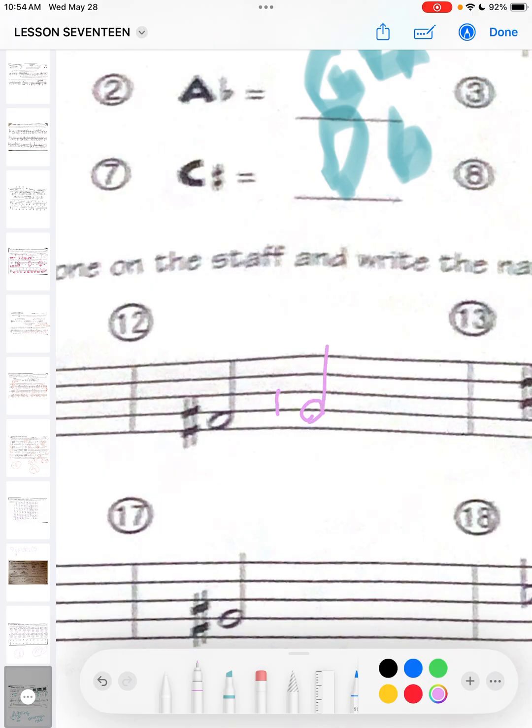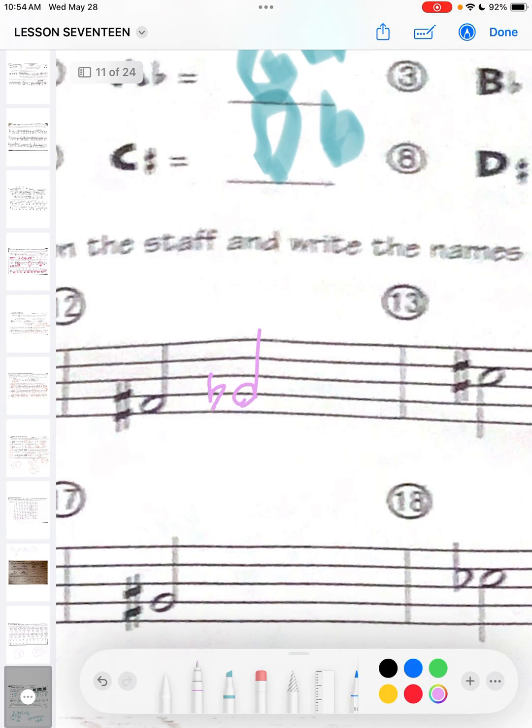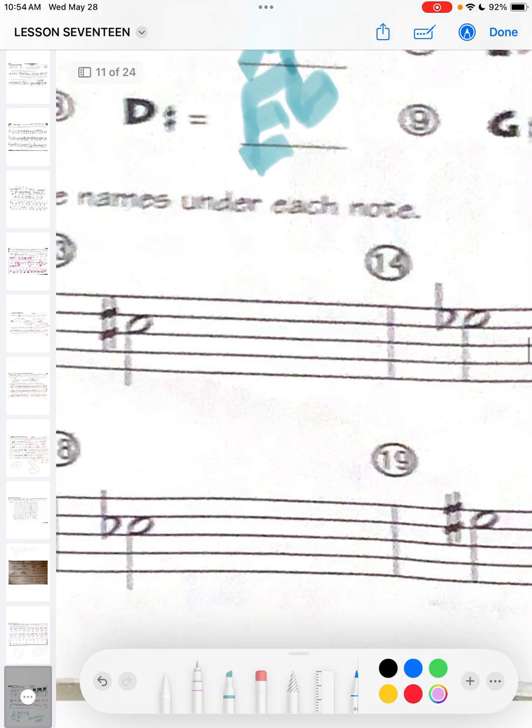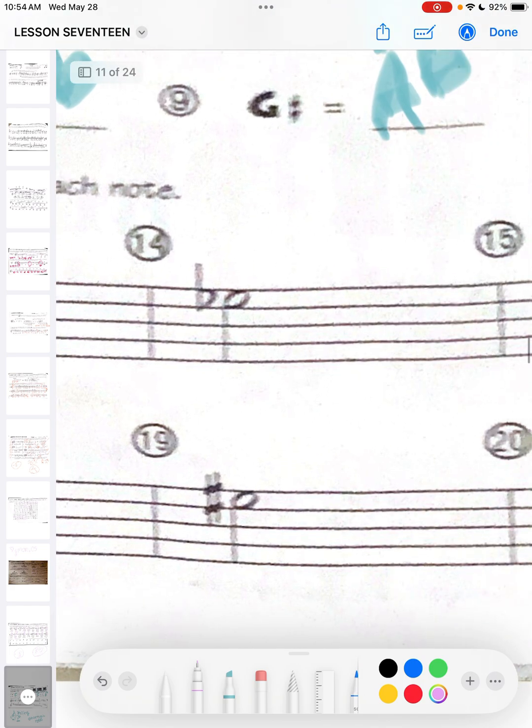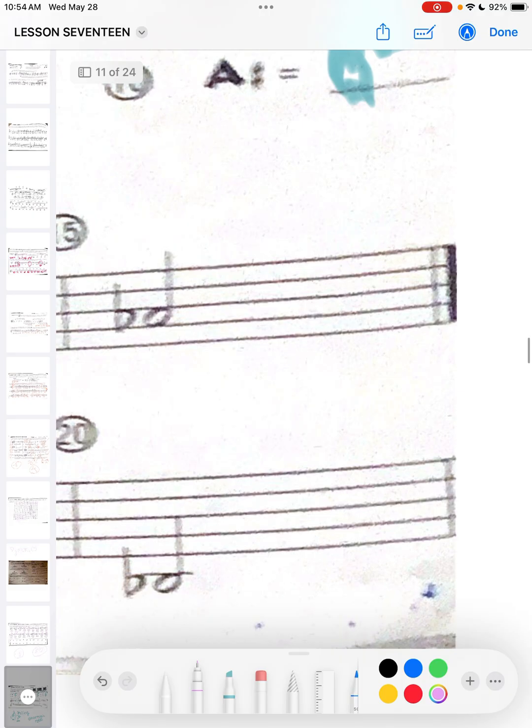Sorry, I should have put this a little bit clearer. This drops down into this. This then goes down and there's a sharp. Alright, this one, A flat, then goes up.